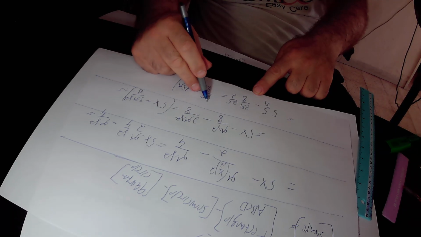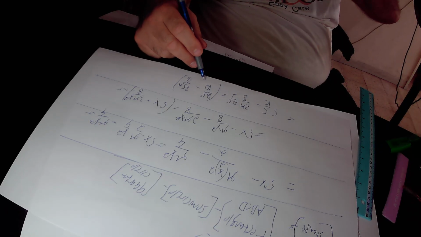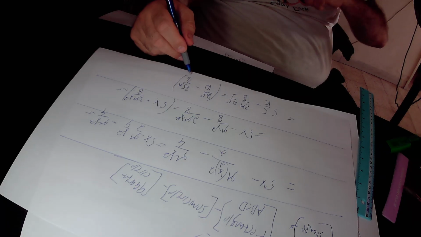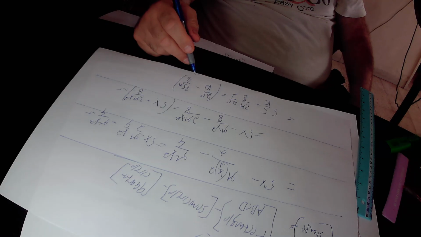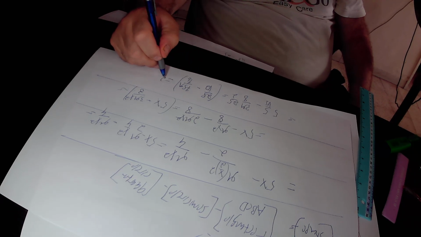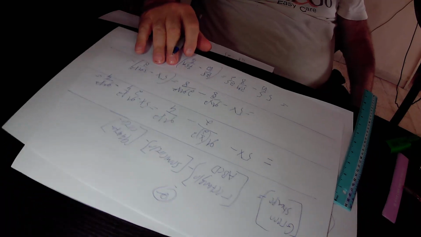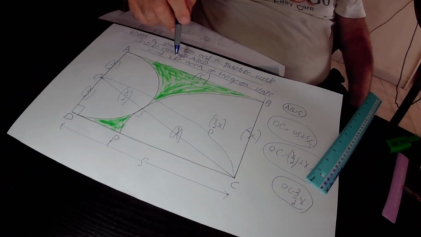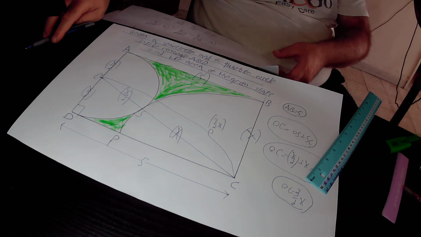So in total we found out that the area of the green shape equals 25 over 2 square root of 2 minus 75 pi over 16 square units, and the value of this expression is actually equal to 2.95 square units. Repeat again, we found out that the area of this green shape equals 2.95 square units. We finished with the second question.